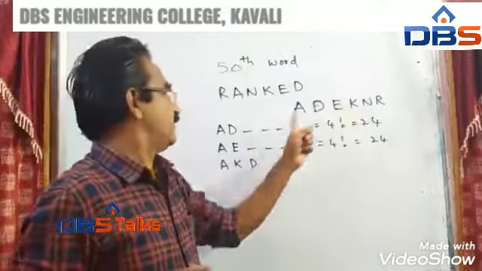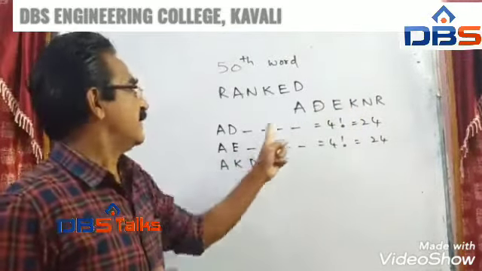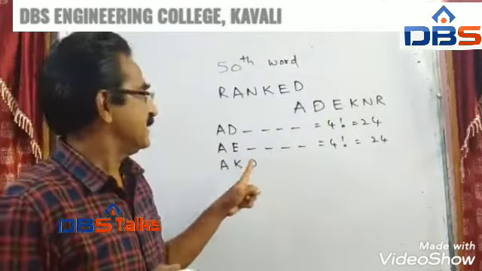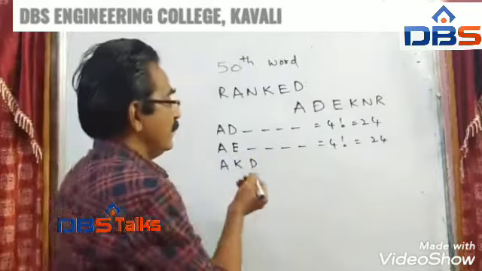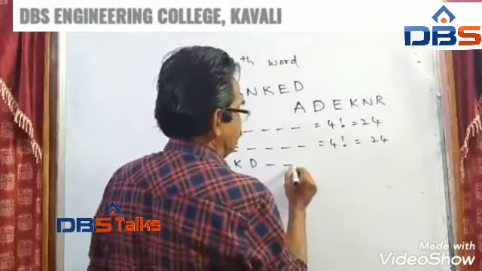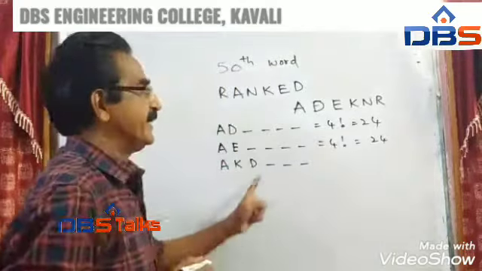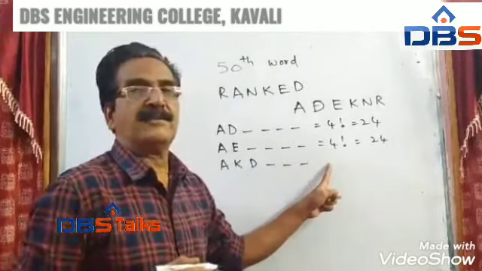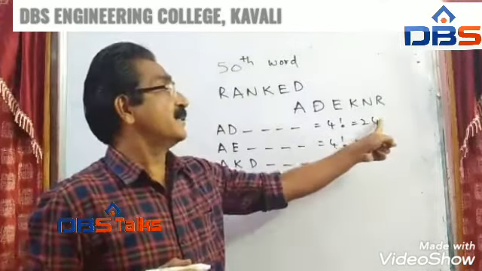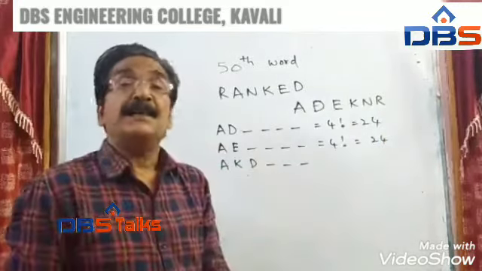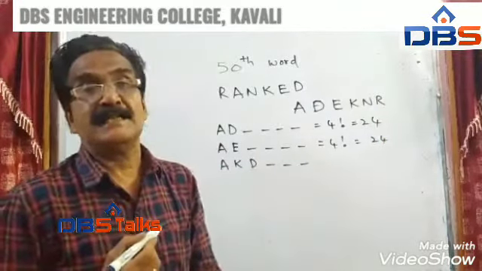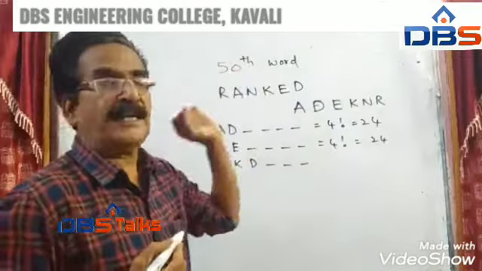AK are fixed in the first two places, and the third place is fixed with D. If we fix the third place with D, again we get 6. That is 24 plus 24, 48, plus 6, 54. But we want only the 50th one.